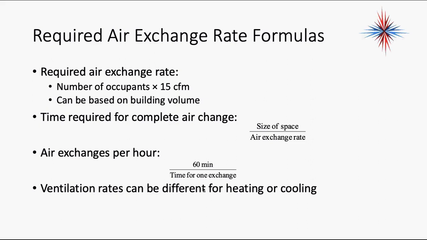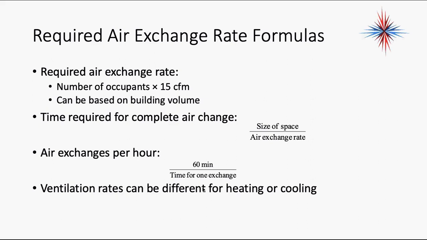So total air exchange is the size of the space divided by the air exchange rate. Now, air exchange rate can be calculated or it can be measured. For air exchanges per hour, you take your time for one exchange and divide it into 60 minutes. You can figure out how many air exchanges you have per hour.